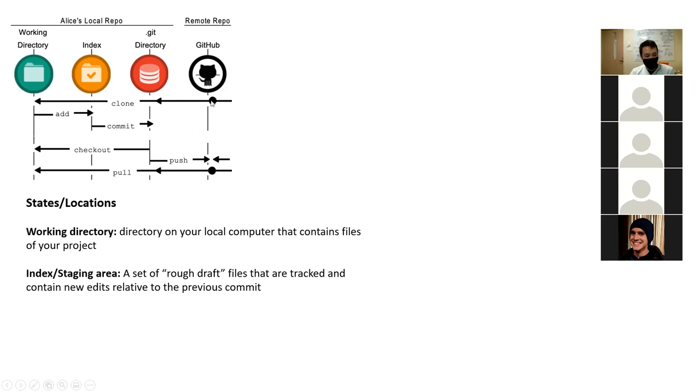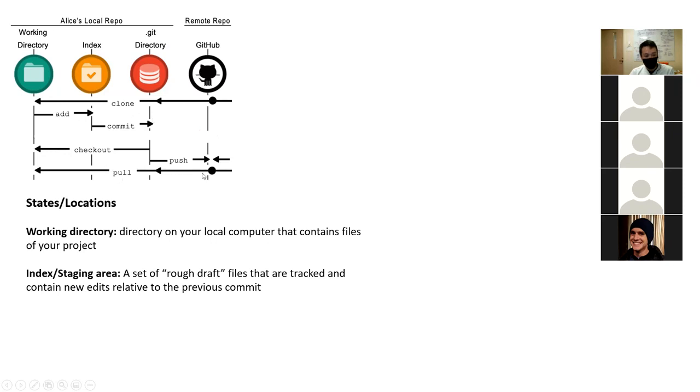Clone here, as I briefly mentioned, is the action of copying a cloud-based repository and making a copy that you can work on. Pull here is similar but a little bit different in that pull happens when you've already cloned the repository.